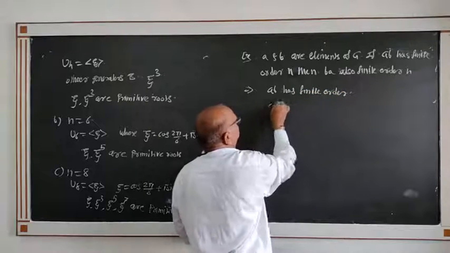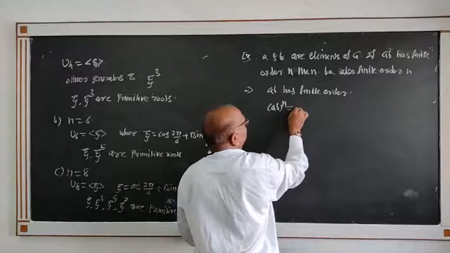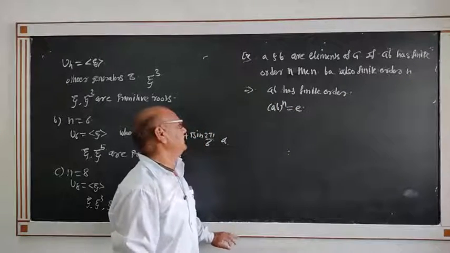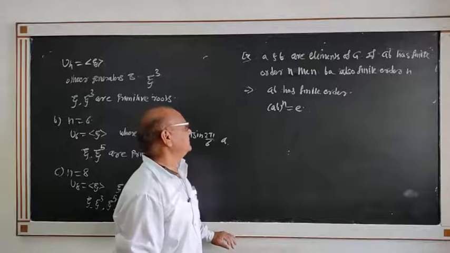That means AB raised to N is equal to E, where N is the least positive integer.